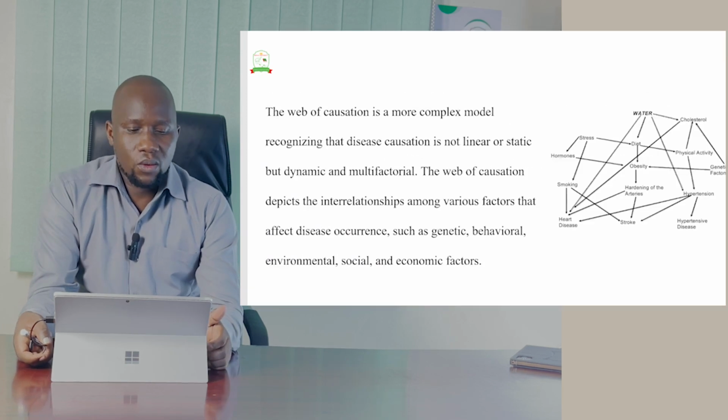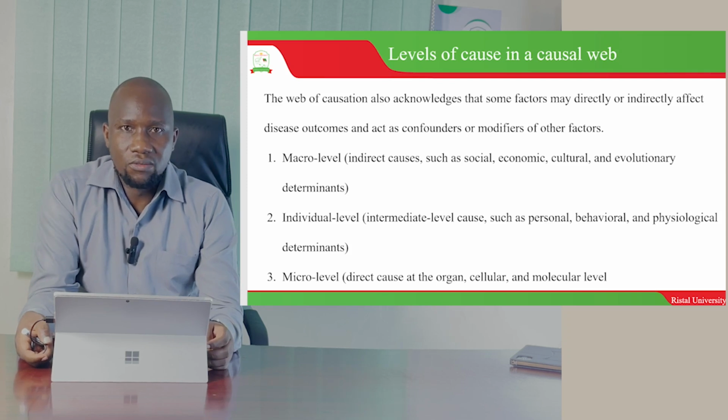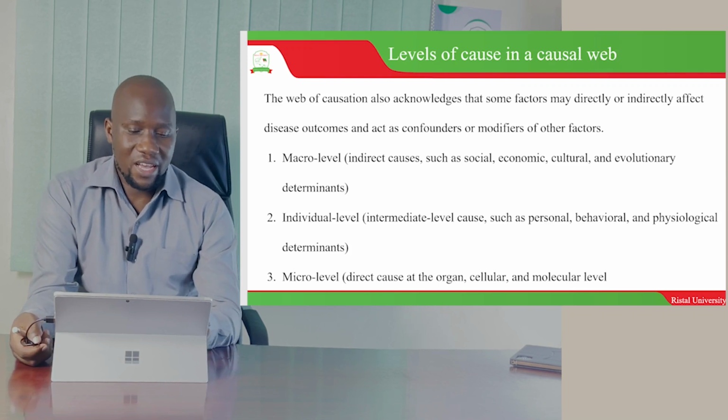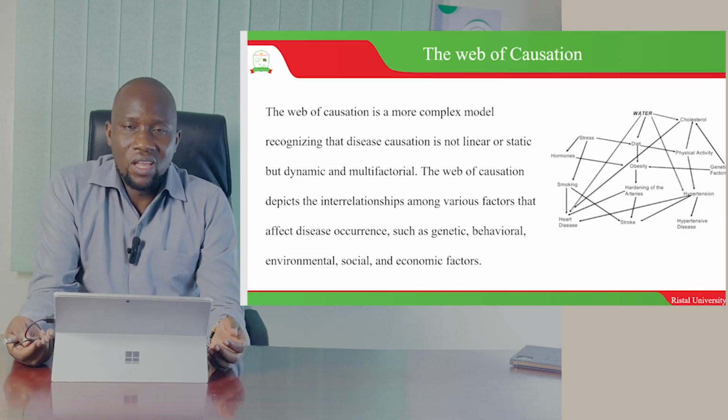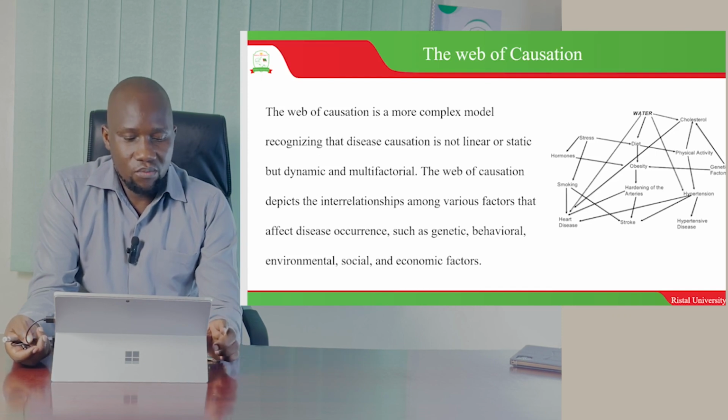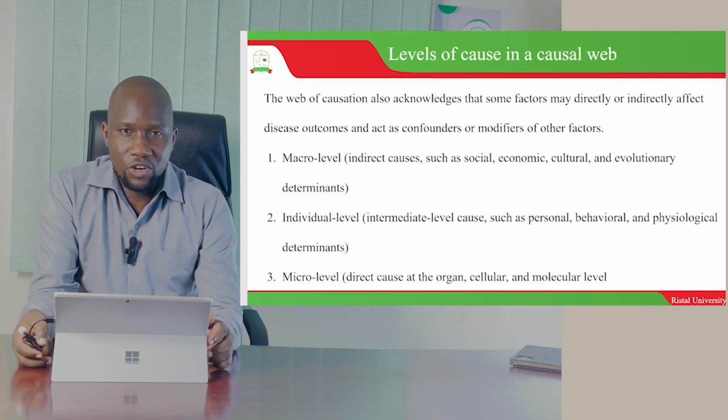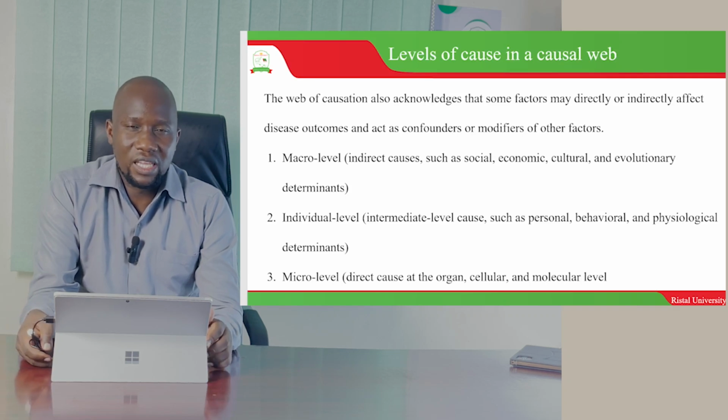So this looks very complicated, but we can actually break it down to look a little bit okay for us to understand and be able to act. Because if we have it that way, you will ask yourself, where are you going to start from as a public health person? But if you break these factors at different levels, you'll be able to say, okay, let us intervene at this level.